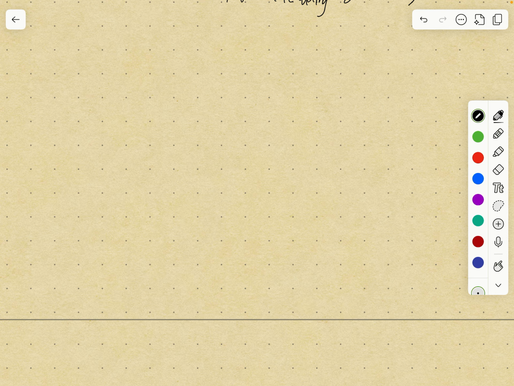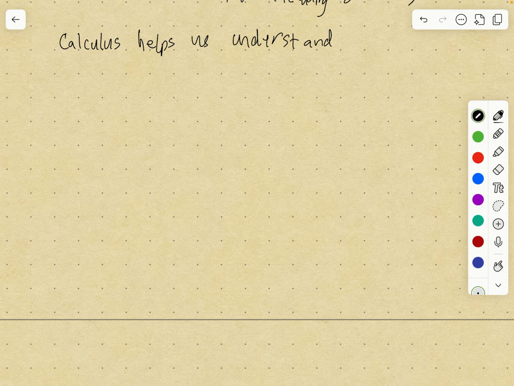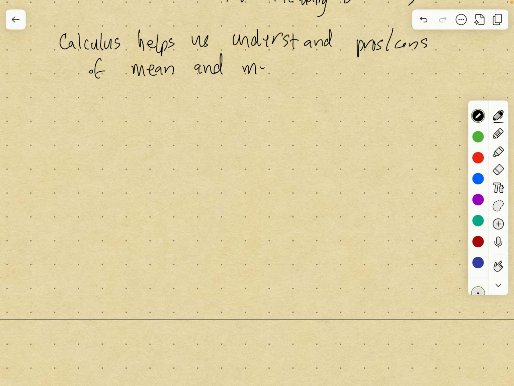So we're going to explain how calculus helps us understand the pros and cons of using the mean versus the median.